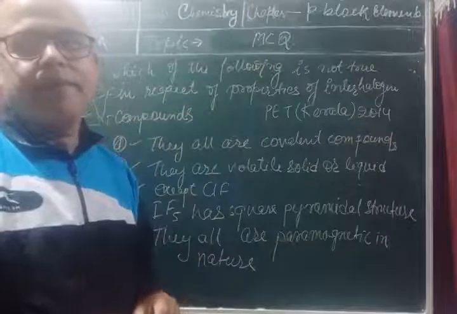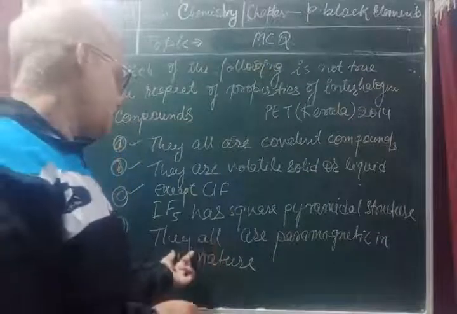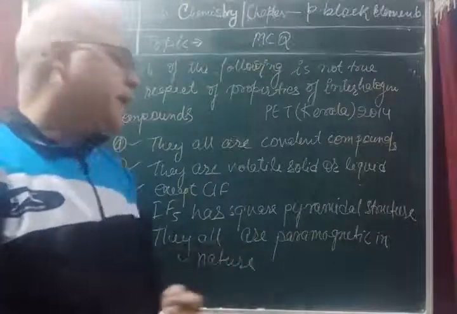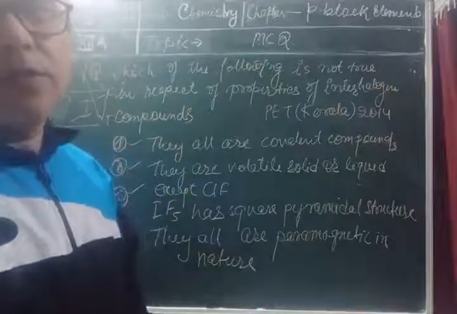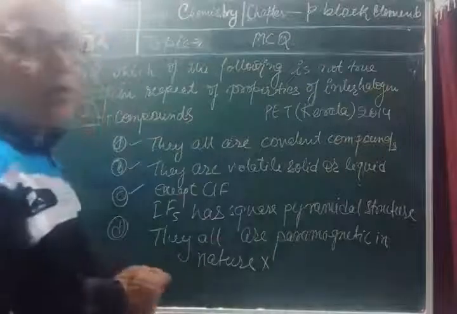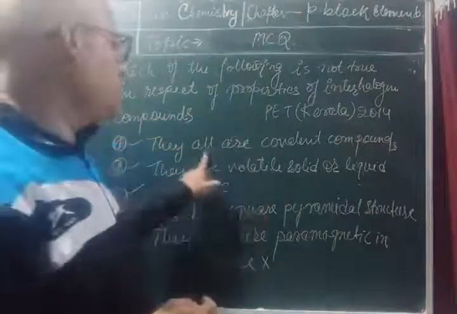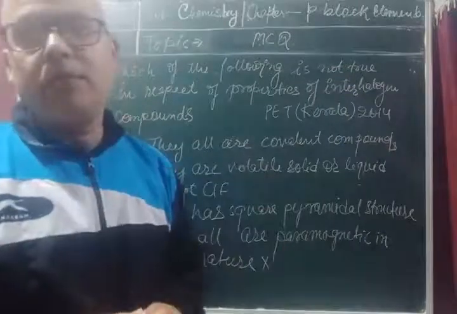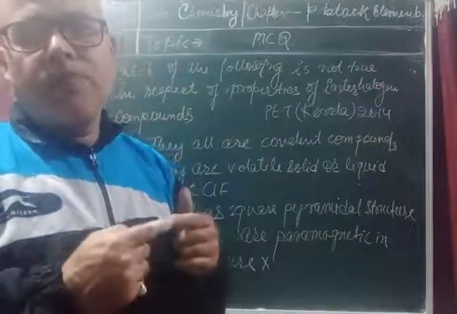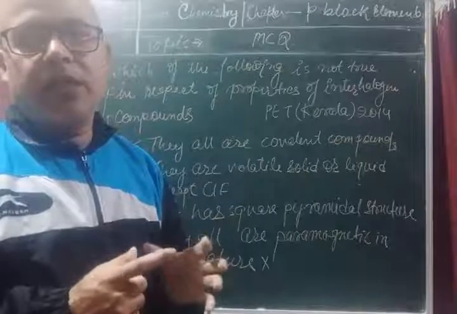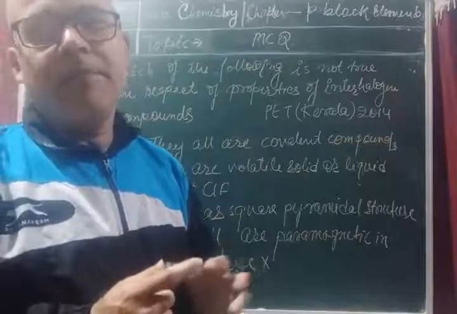Okay student, now see the last: they all are paramagnetic in nature. This is the wrong statement. Why is it wrong? Because interhalogen compounds are covalent compounds. When two elements share electrons, they become diamagnetic.